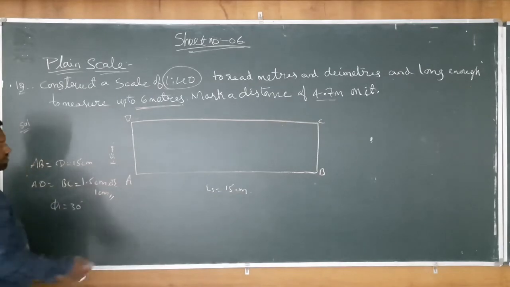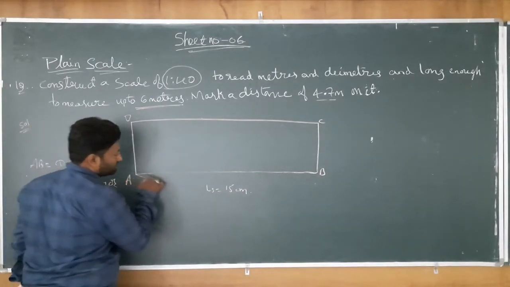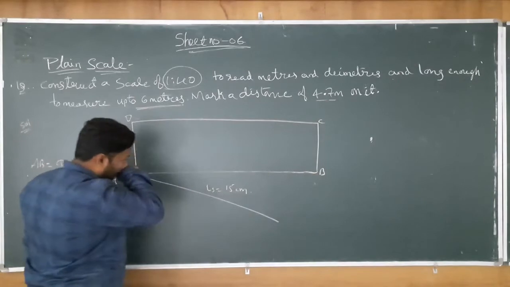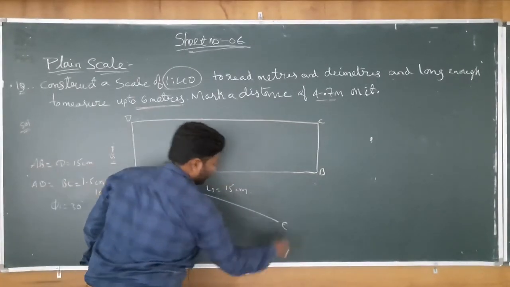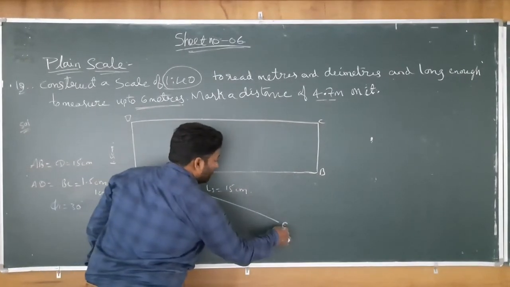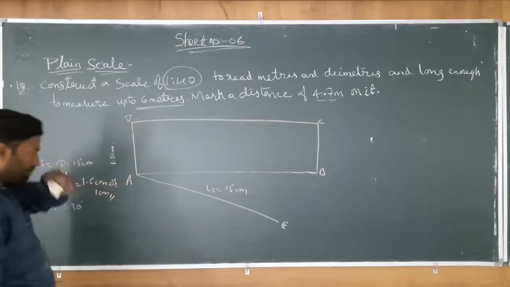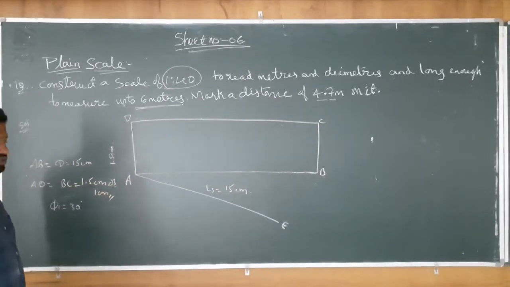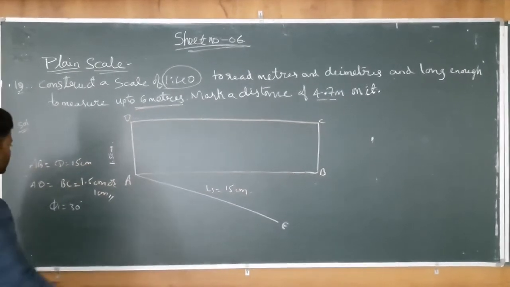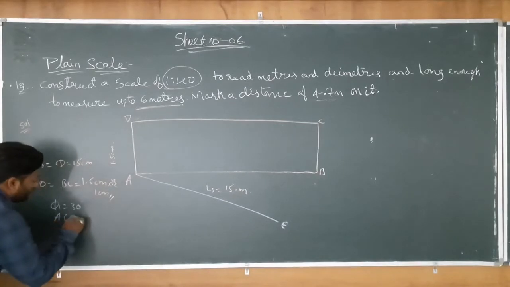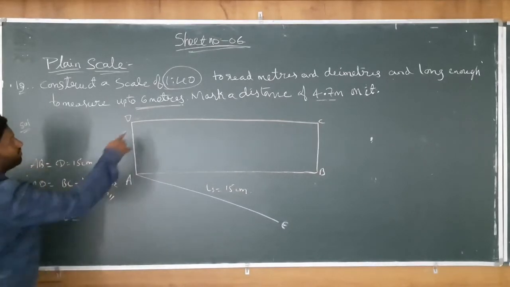We are assuming this one. So I am drawing an inclined line up to E. It's our wish, we can follow any one of the methods, but generally I am following the direct dimension method. Exact length I am taking here. So AE is equal to, how many parts are required? 6.